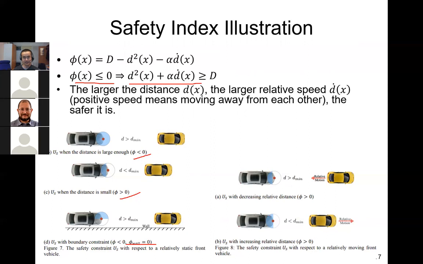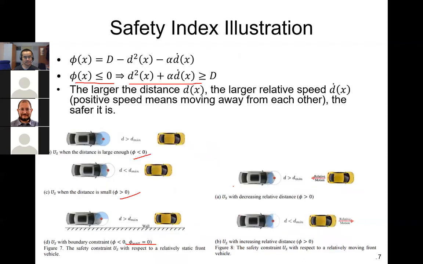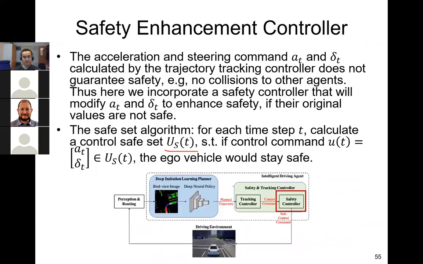So this reminds you of RSS, right? The responsibility aware safety. So they need to predict not only its own location and speed and velocity, but also all the obstacles, and all other objects. Yeah.